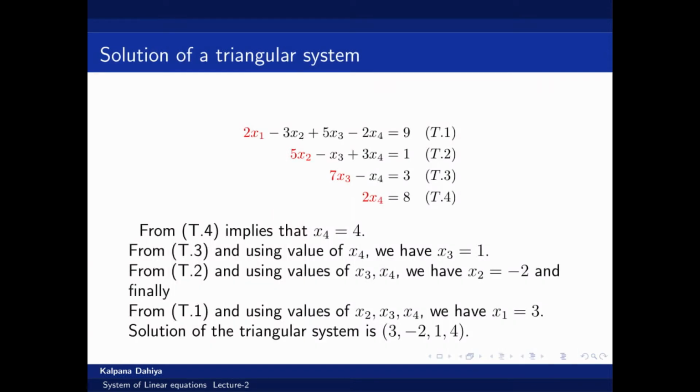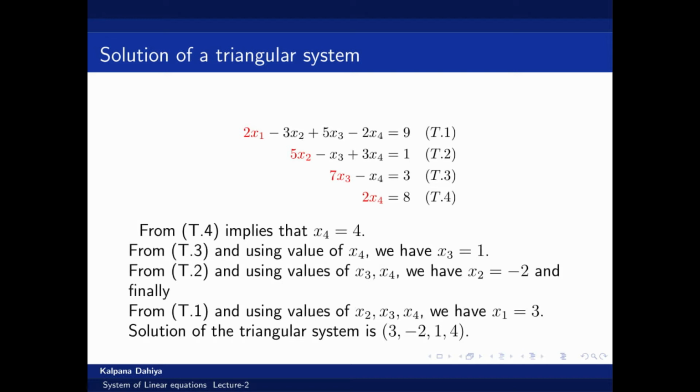Now we use the back substitution method and find the solution of this triangular system. From equation T.4, we can directly find x4, which is 4. Now using the value of x4 and equation T.3, we can find x3, which is 1.